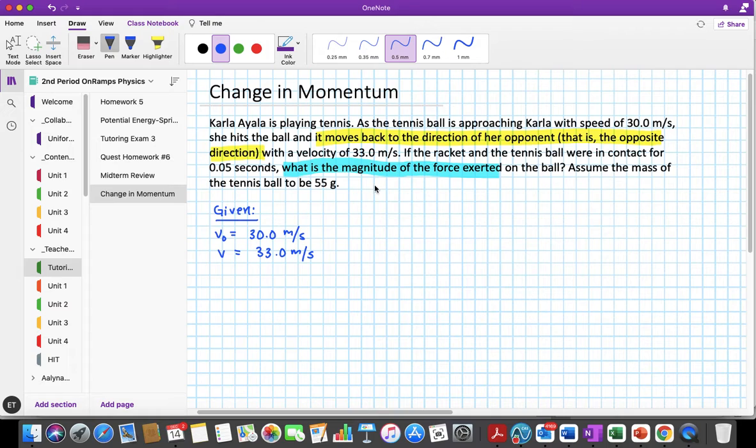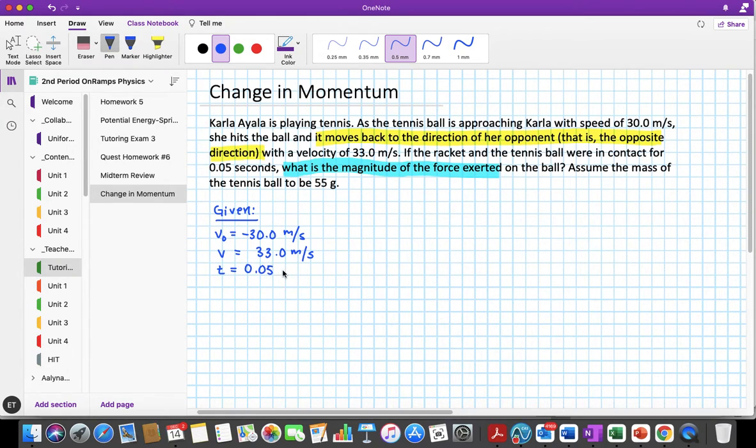Okay? And I will say that a tennis ball coming towards you is negative, right? Because maybe you're not prepared for it. So we'll call this one negative, and there you go. Now I'm showing that they have opposite directions with this negative sign. Okay, let's keep going. We have a time of contact of 0.05 seconds.